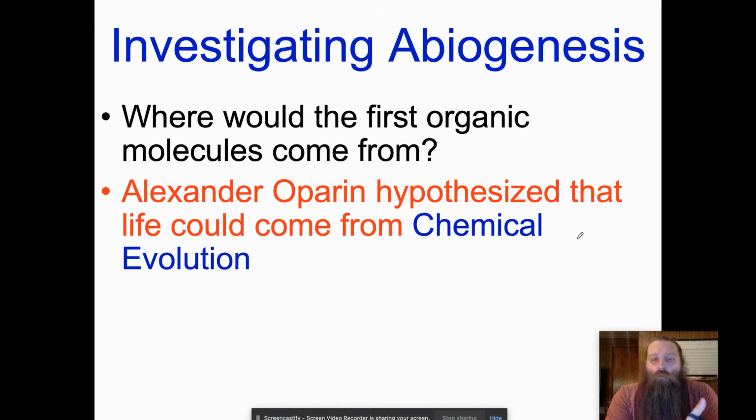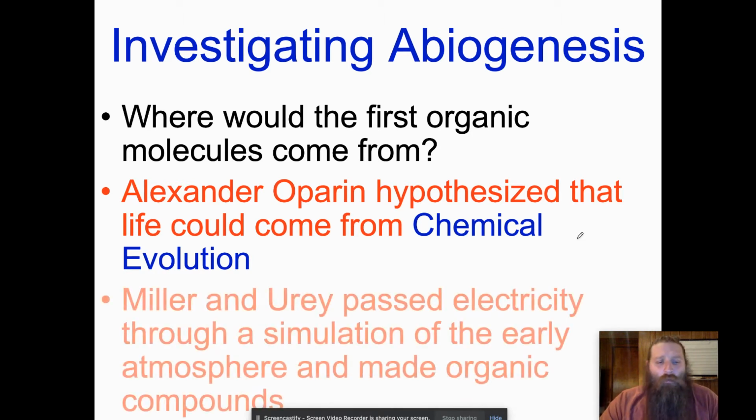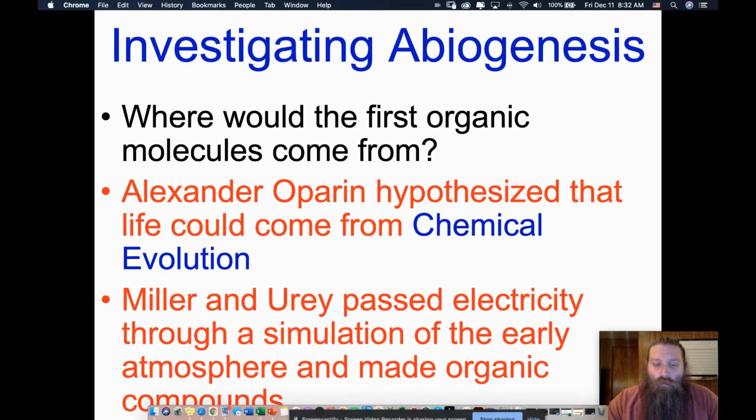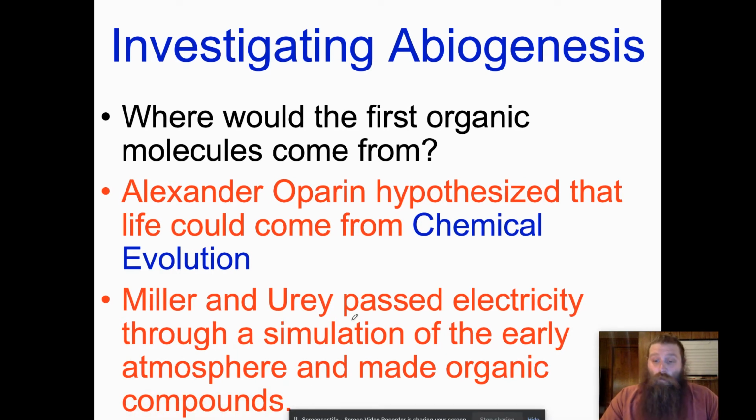He thought, maybe chemicals reacting could lead to life. His is the idea of the gradual evolution of life from the primordial soup, where there are just chemicals bumping into each other, and eventually you end up with some living things. Now, Miller and Urey are two scientists that took his idea and tried to come up with an experiment to see if it would work. So I'm going to show you their experiment on the next page.